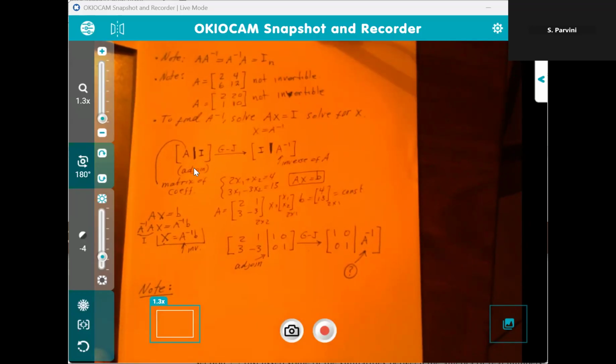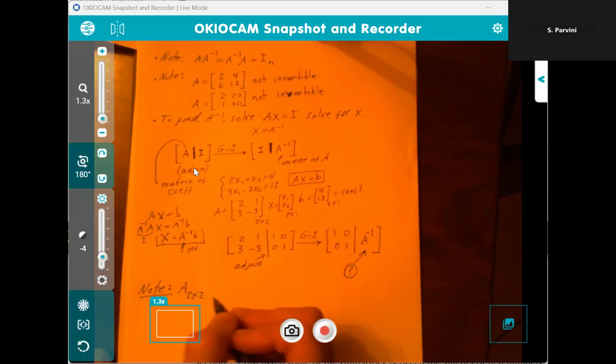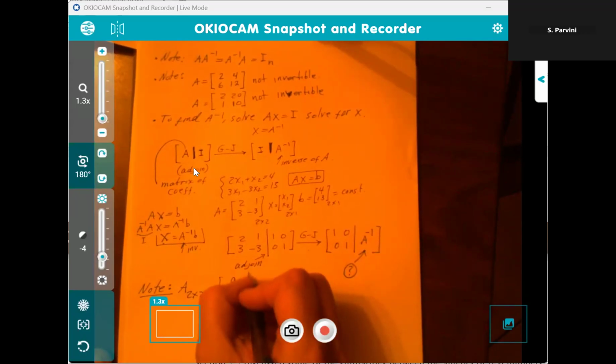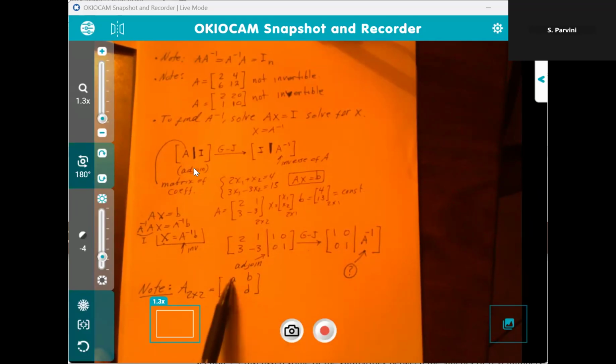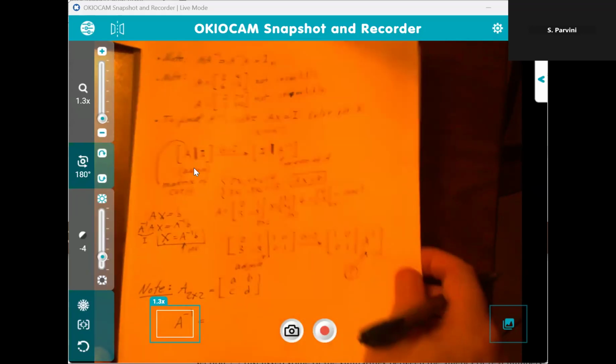Now, let's take a look at a note here. For a 2x2 matrix, let's say the matrix A is in general of the form a, b, c, d. These are just numbers, any real numbers you want them to be. To find the inverse of this matrix, there is actually a formula for a 2x2.